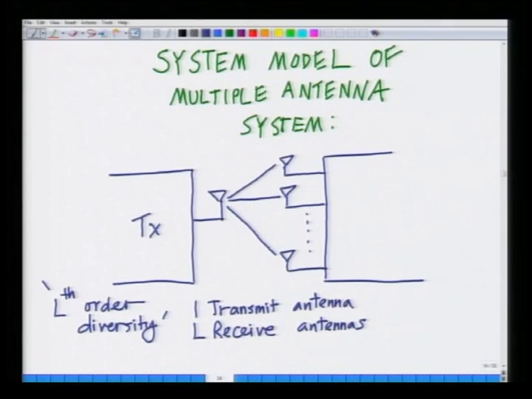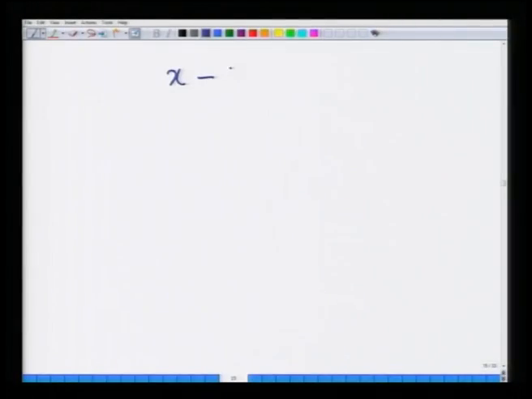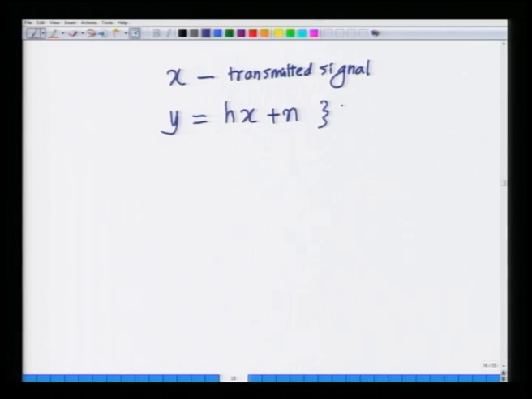Now, let us go to the formal system model, where x is the transmitted signal. We said y equals Hx plus n. Previously, we said y equals Hx plus n. This is the system model of a wireless system.